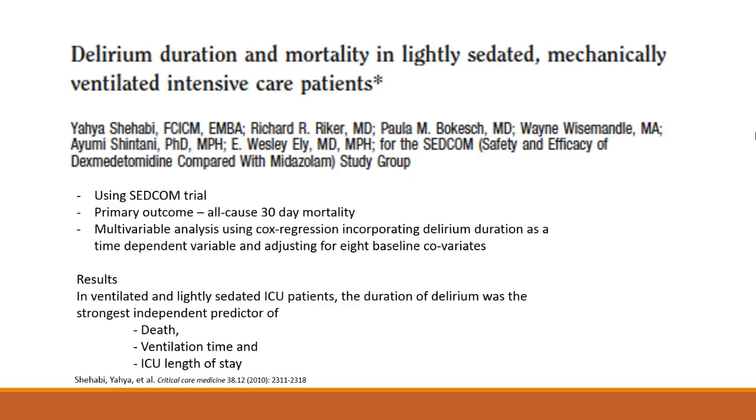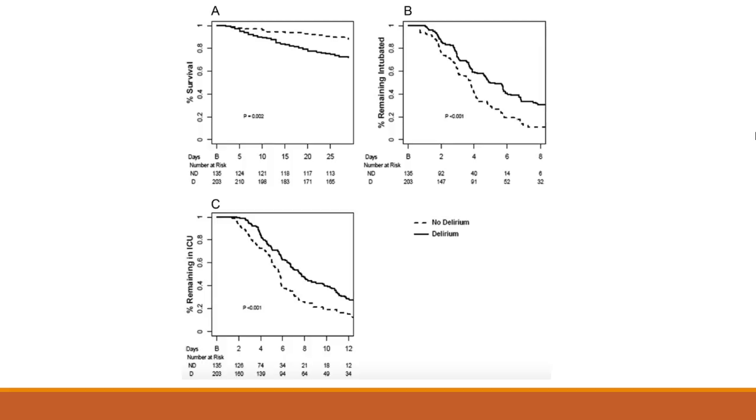But this secondary analysis of that study found that patients who were delirious had an increase in mortality of 30 versus 11%, decreased time to extubation, and increased ICU length of stay. These are the breakdown you see here. This is survival with mortality.